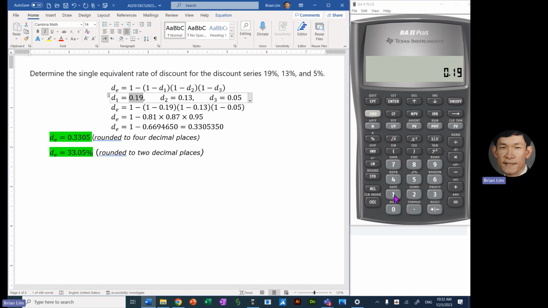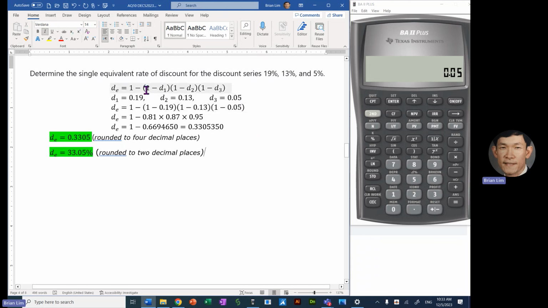If we put in 13%, we get 0.13, which is this number right here, corresponding to this percentage right up there. And then if we put in the 5%, we get 0.05, which corresponds to the third discount.